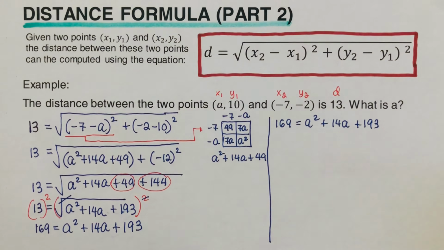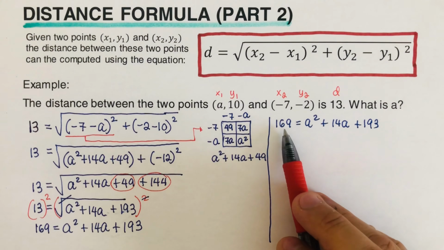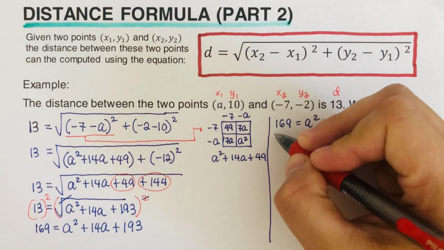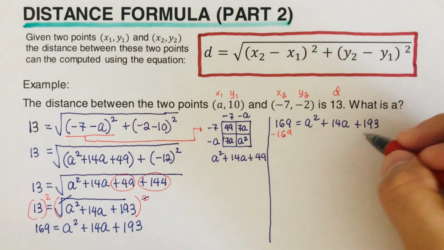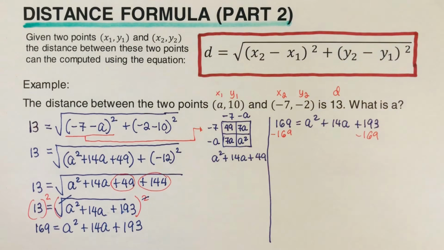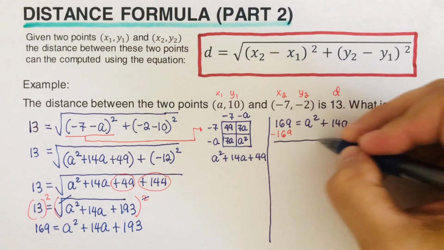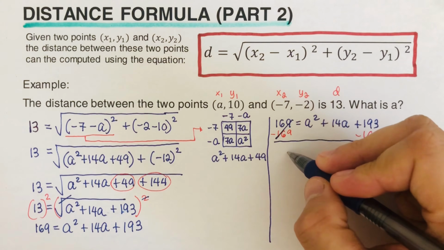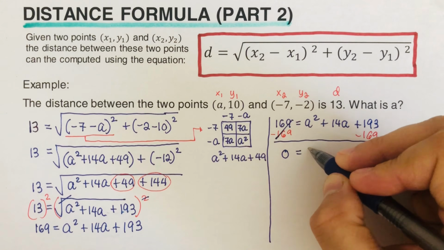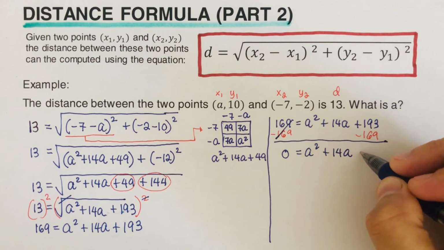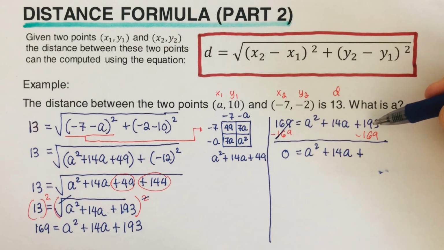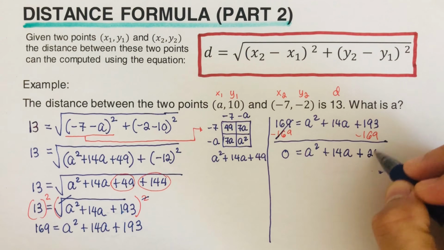We use the zero product property, which means we make this side equal to 0 so that we can solve for A. So that would be minus 169 from both sides. We cross the 169 out. We're left with 0 is equal to a squared plus 14a plus, 193 minus 169 is 24. So it's going to be 24 right here.